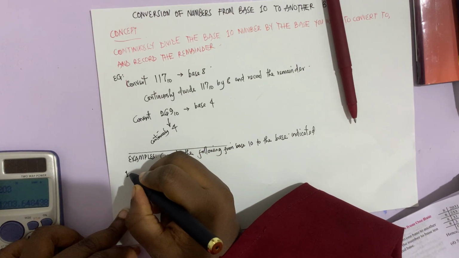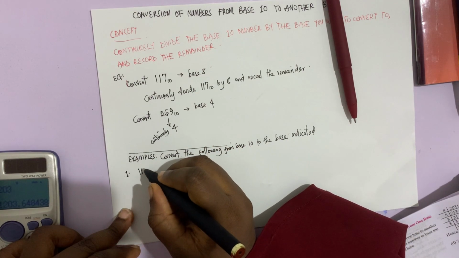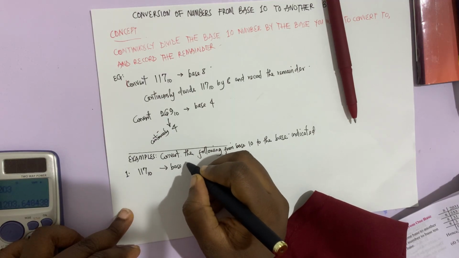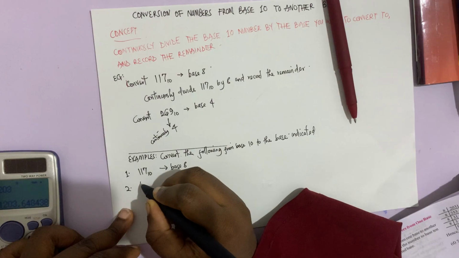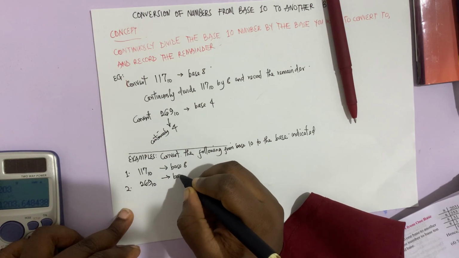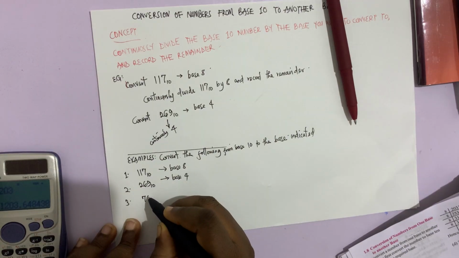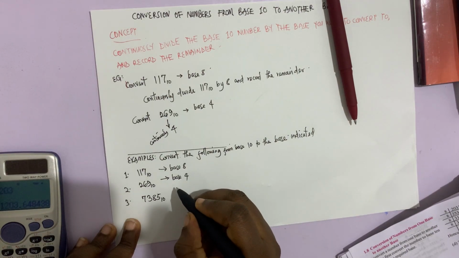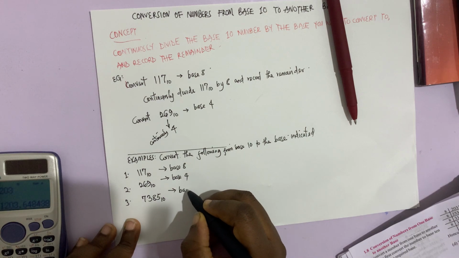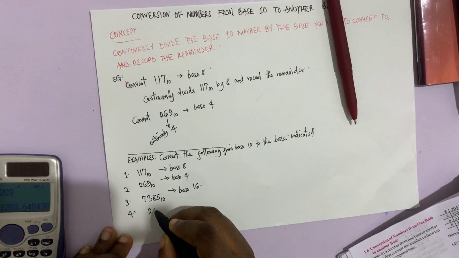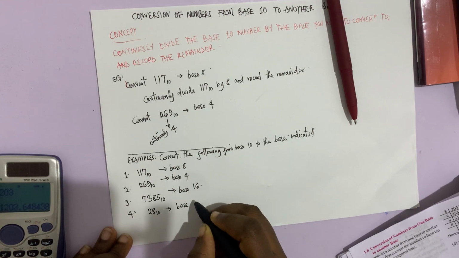Example 1, convert 117 base 10 to base 8. Convert 269 base 10 to base 4. 7385 base 10 to base 16. 28 base 10 to base 2.